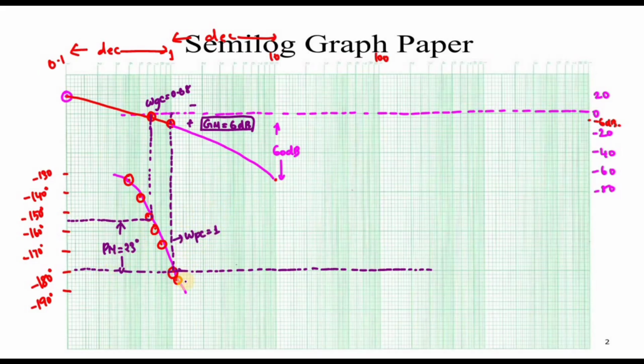If you draw it to scale, you will get the proper answer. So this is how you have to plot it with the help of a Bode plot. I hope this video is useful for you. Thank you.